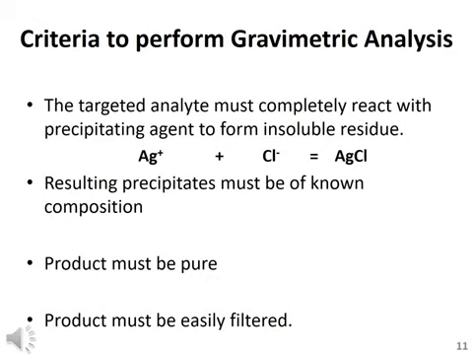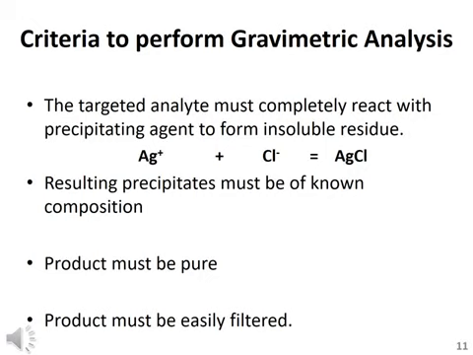So if the precipitating agent and the solvents are not intermixing, are not reacting completely, then the exact amount of the product, which is theoretically possible, cannot be achieved. So the targeted analyte must completely react with the precipitating agent. That's why the precipitating agents are added in an excessive amount in order to grab all the available ions of the targeted analyte.